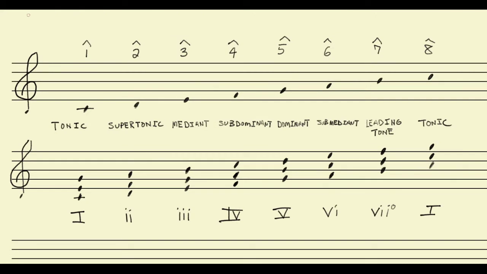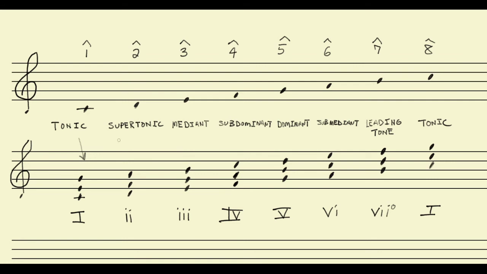So, for instance, we called scale degree 1 the tonic. Tonic, again, just being sort of a fancy way of talking about that scale degree being the home base. Well, we also give the chord that is built on scale degree 1 the name tonic. So very often you'll hear the 1 chord referred to as the tonic chord.